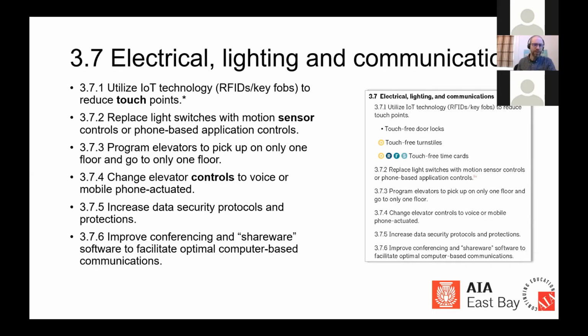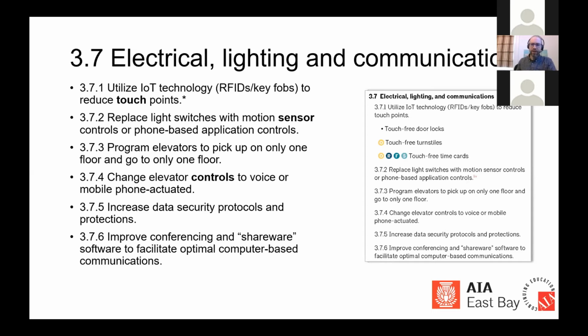Using sensors, automated controls. There's some ideas for maybe having voice or mobile phone actuated controls. And as a possibility, elevator manufacturers have designed control systems that are foot operated, actually, which were originally designed to meet the needs of accessibility and wheelchair foot operation.